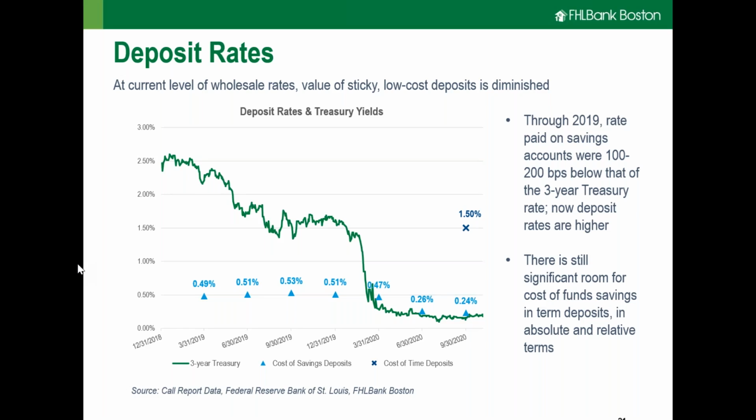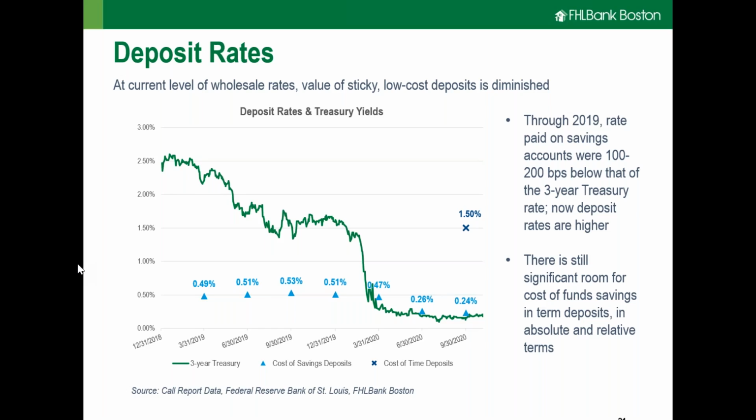So if we go back to the beginning of 2019, where rates were just starting to turn after a little bit of a hiking cycle by the Fed, you could have bought a 3-year treasury and funded it with the average cost of a savings deposit at the time of 50 basis points, and you could have produced a spread of 200 basis points. So you're funding cheaper than where the U.S. Treasury can fund, which doesn't make sense to the layperson, but again, that's the beauty of the banking business model.